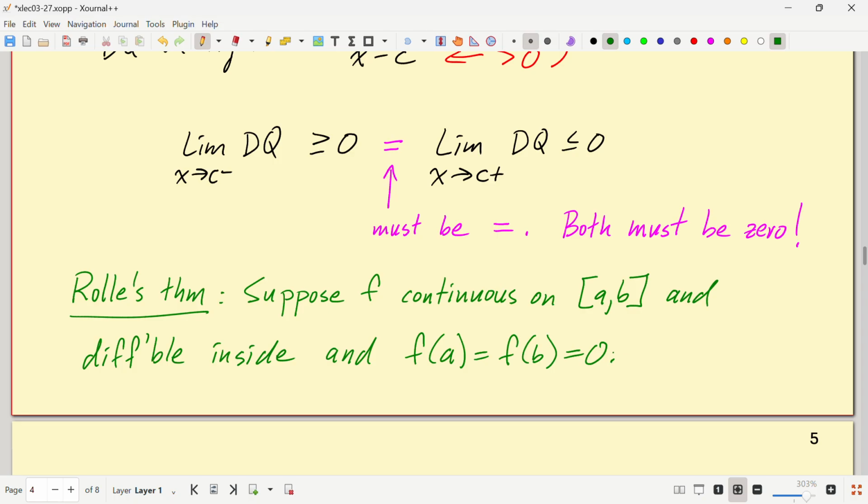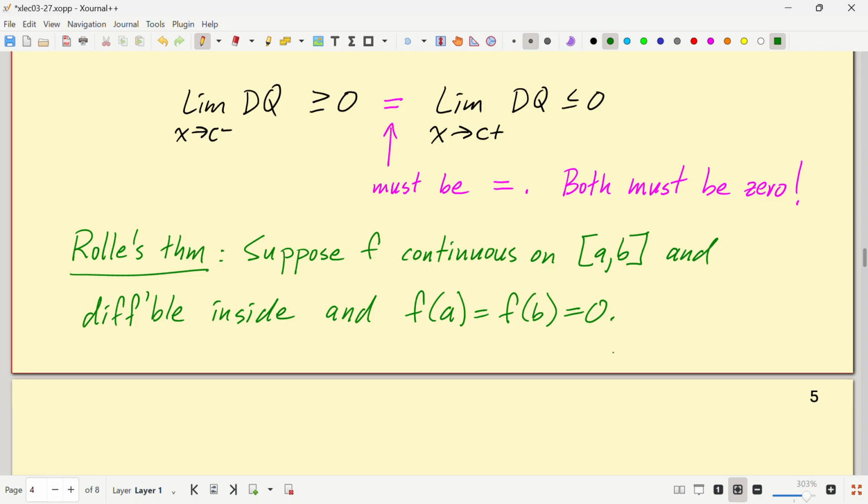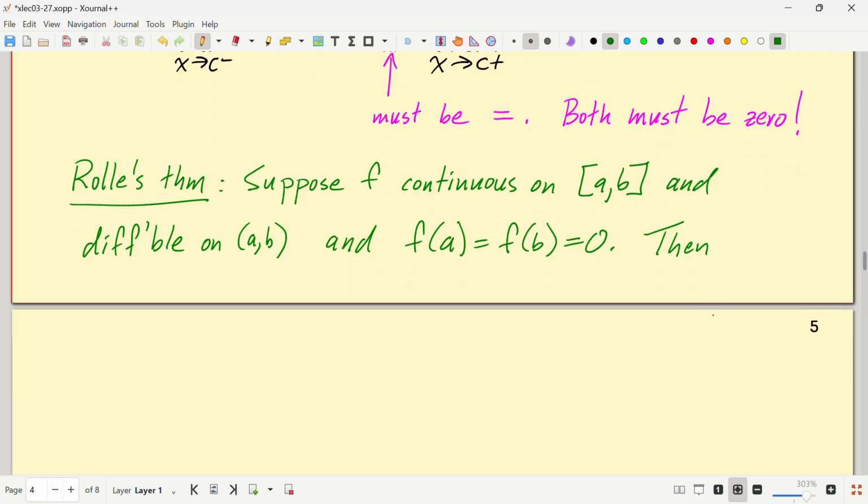Then there's at least one point in the middle somewhere. I should say differentiable on the inside, which is the open interval (a, b). Then there is a c between a and b where the derivative vanishes.